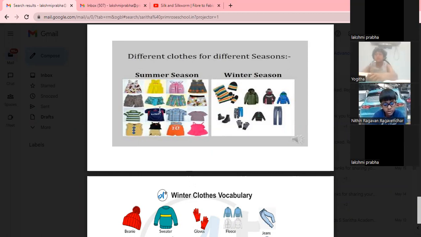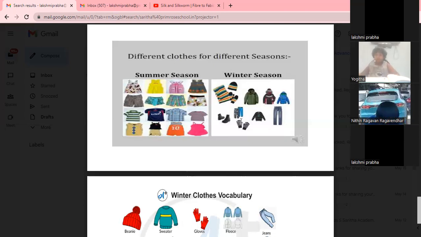Do you all wear sweaters during summer? Yogita will wear a sweater in summer! So in summer we mostly wear cotton dresses like frocks, skirts, trousers, pants, sleeves, t-shirts, everything.